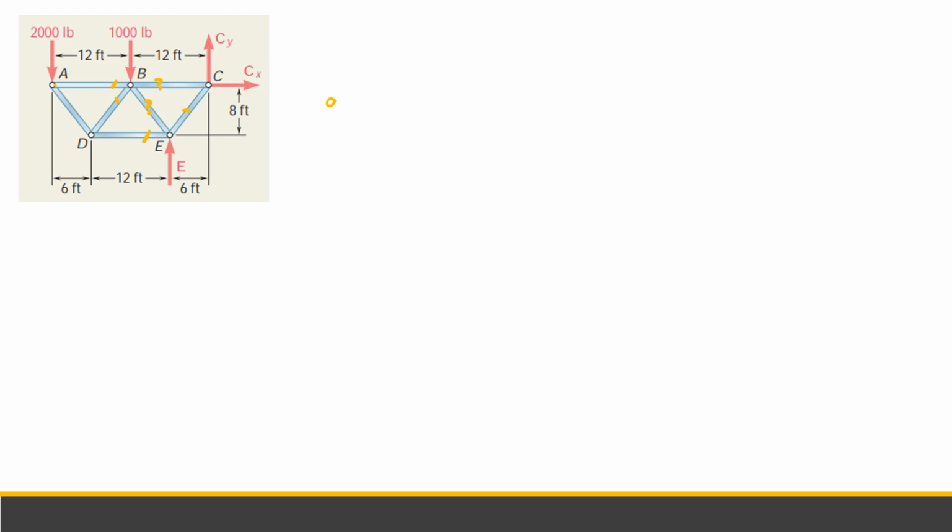Okay, so this is joint B. At joint B, meron tayong applied force na 1,000 pounds. And force AB is in tension, so force AB is equal to 1,500 pounds. And force DB is in tension also, so force BD is equal to 2,500 pounds.